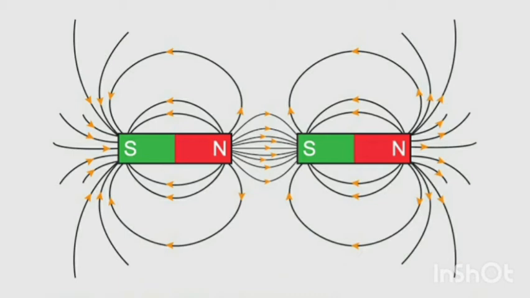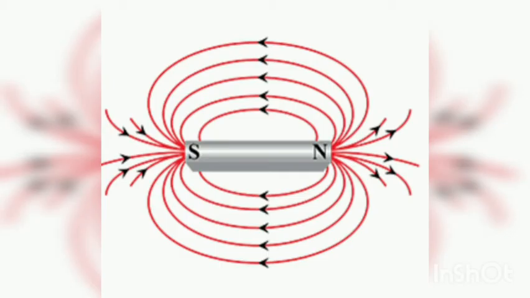This is the third property of the magnetic field lines: the lines are very close to each other, that means the magnetic field is quite strong, and if the magnetic field is weak, the space between the magnetic field lines is more.